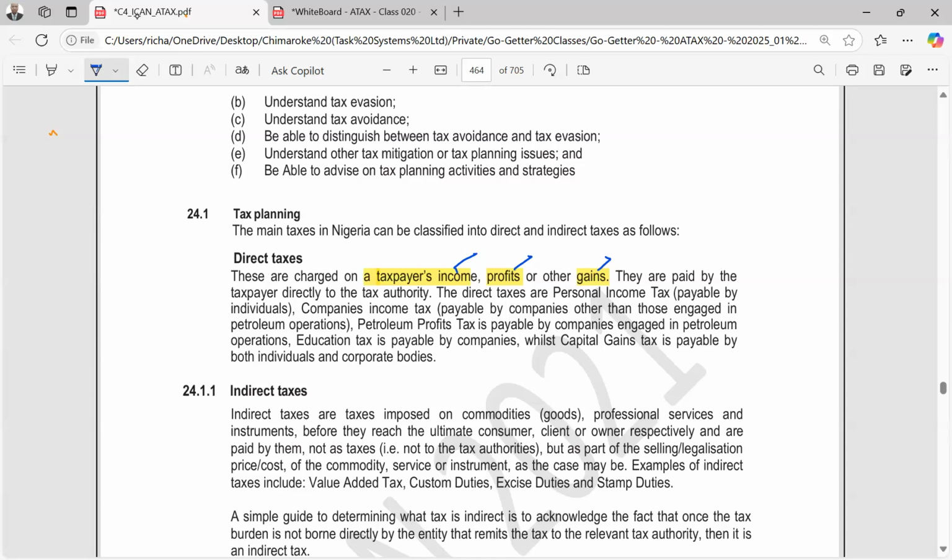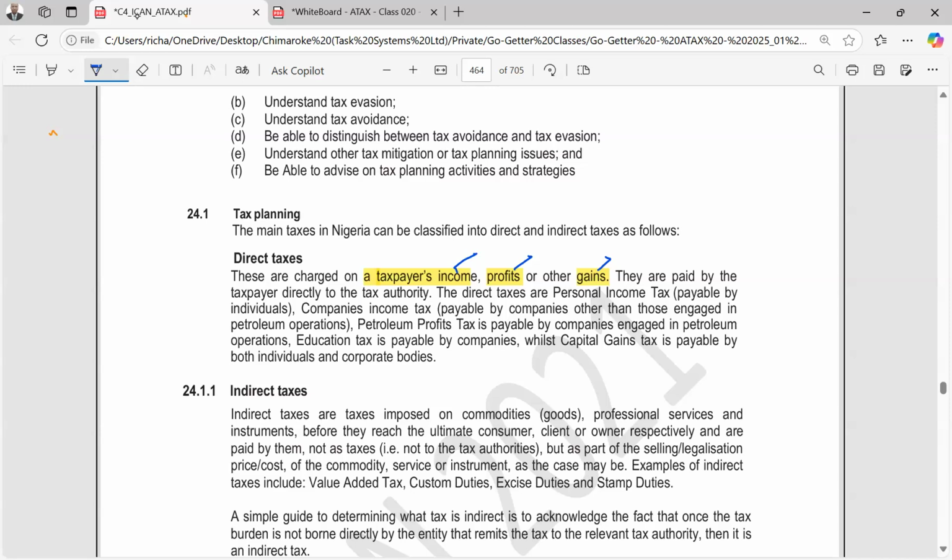Gains, now, you are not doing business, you are not in stock and trade, but you are making a surplus from whatever transaction you did, as in the case of capital gains tax, where you dispose of an asset. So whatever is charged on income, profits, or gains is direct tax.